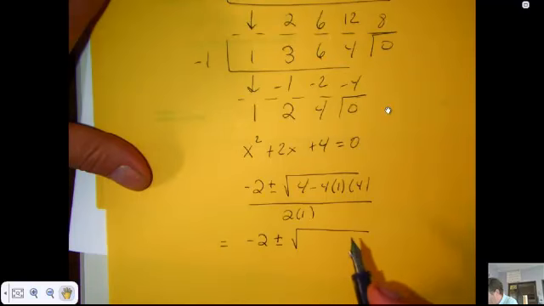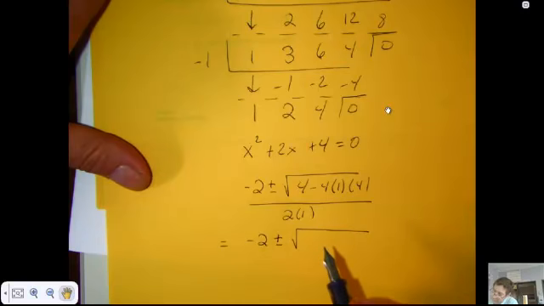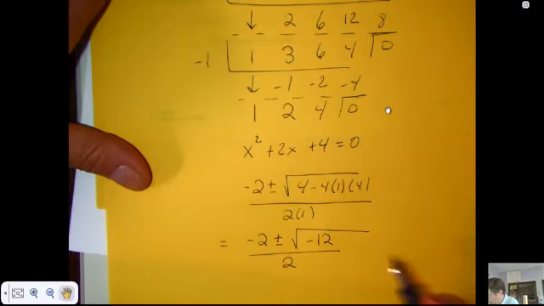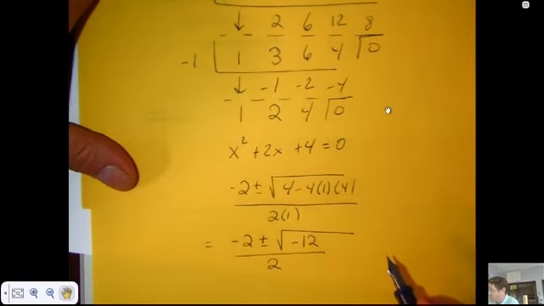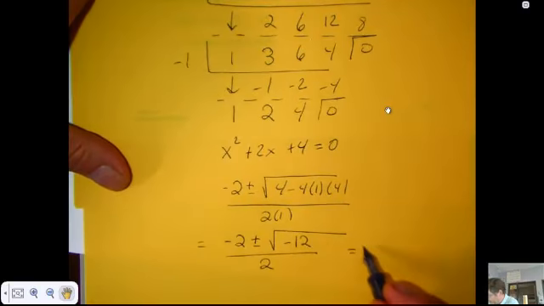Okay, so we have 4 minus 16. Is that possible? That's a negative. Negative 12. So how should we rewrite the square root of negative 12? Negative 2 plus or minus 2i root 3.